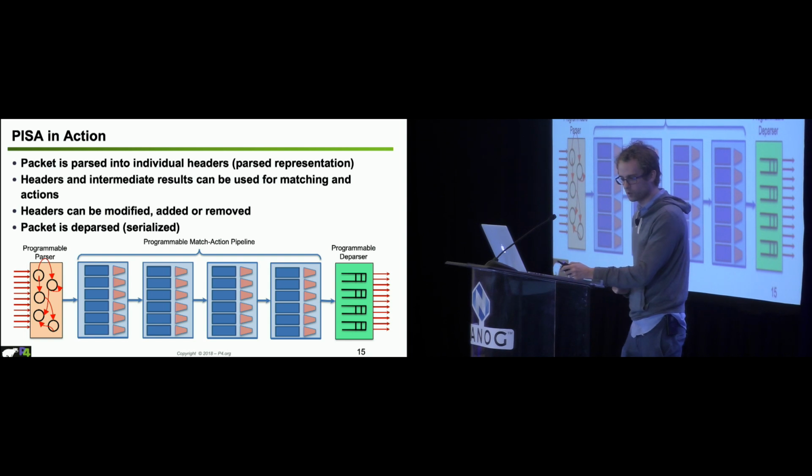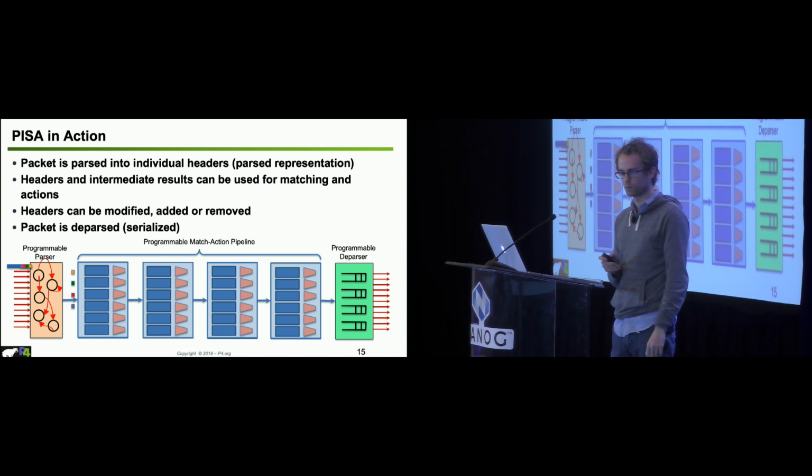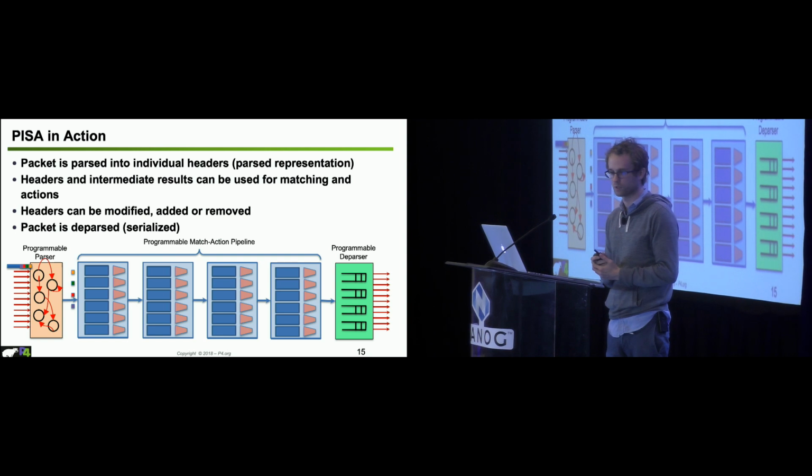So PISA in action, I hope the animation is going to work. The first step is the packet is received on the wire. It's parsed into individual headers according to the parser state machines that you've defined in your P4 program. Those headers can go through multiple stages of match action, and what you end up with is a set of modified headers.